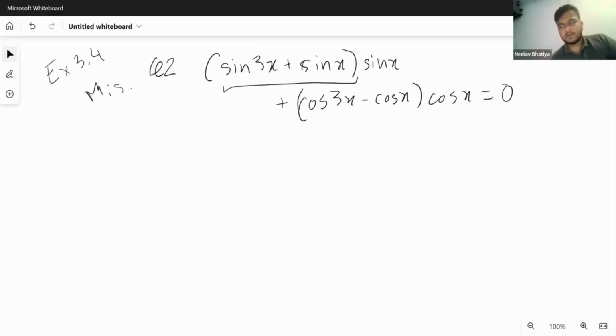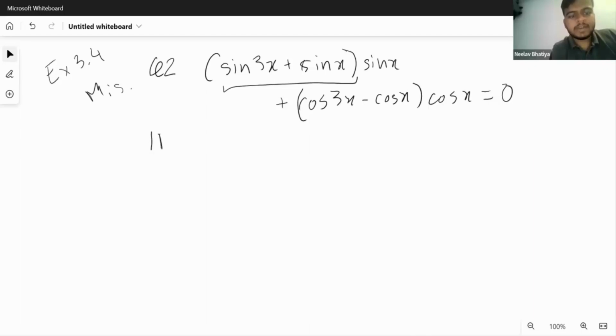So what is the formula for sine C plus sine D? Sine C plus sine D equals 2 times sine of (C plus D) by 2 times cos of (C minus D) by 2. At this point, you guys should have memorized this, right? This should be at the tip of your tongue, so to say. So I'll try and write that.